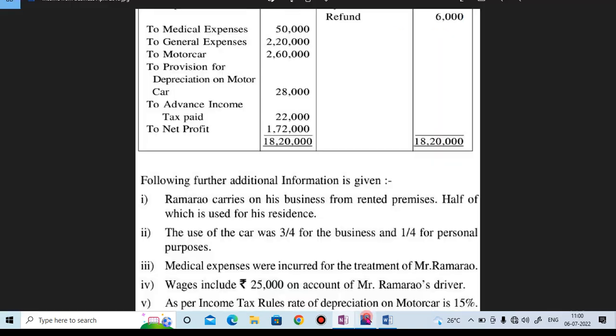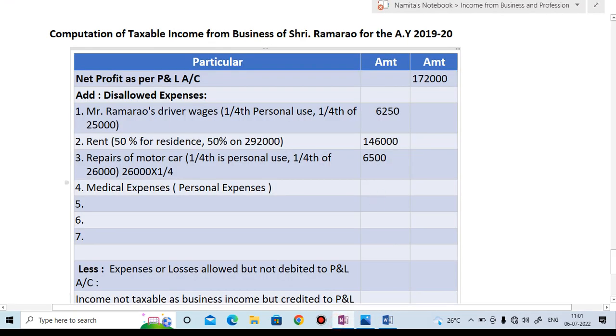The total of medical expenses is 50,000. Read adjustment number 3 properly: medical expenses were incurred for the treatment of Mr. Ram Rao. Ram Rao is the owner of the business and has used the medical expenses for his own treatment. That's why it is disallowed expenses. So 50,000.